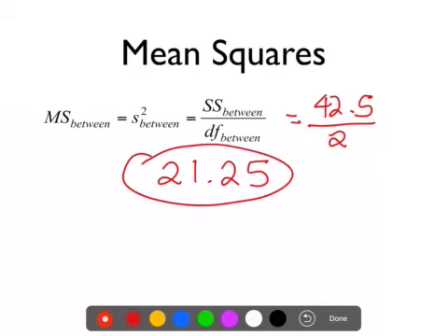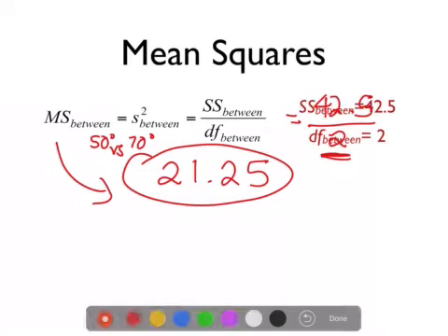Obviously, making these videos is still a learning process for me. So that's our mean squared between, again, for this comparison group of the 50 degrees versus the 70 degrees, okay? So this is our new mean squared between. And again, by using this old degrees of freedom between, we're holding ourselves to a much higher standard than we would if we used our new one.